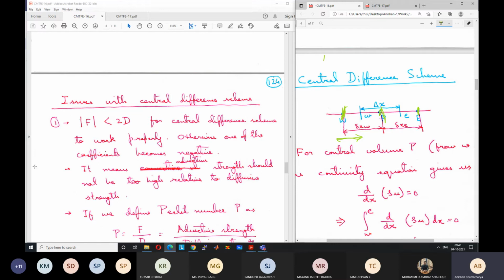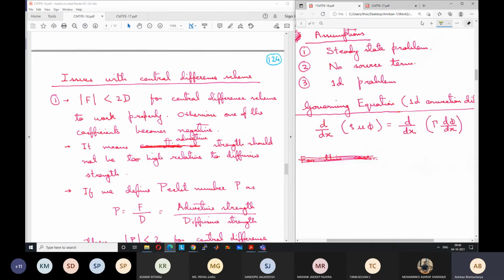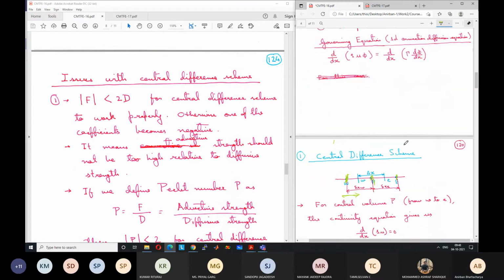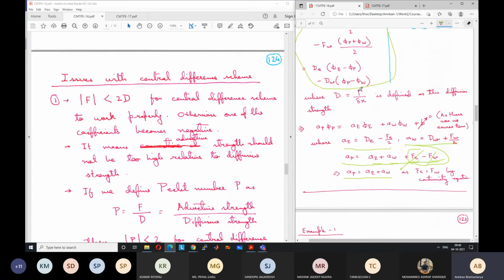Okay, so as a result, we can define a non-dimensional number, which is known as the Peclet number. You must have heard about it. The Peclet number is given as the advective strength by the diffusive strength, f by d. So how have we defined f and d? F is rho u and d is gamma by delta x.